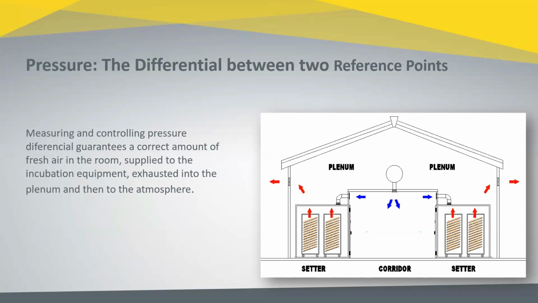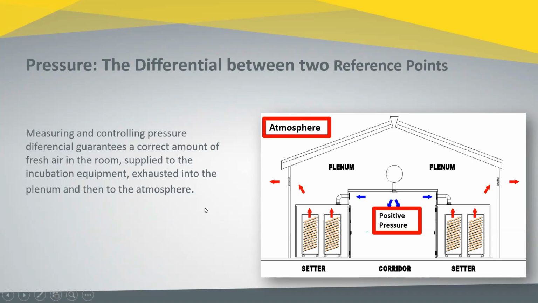So when we talk about measuring the 2 reference points, we recognize that we want our room to be positive, and we have our atmosphere. In order to control our room positive, we reference to the atmosphere, and therefore those are our 2 reference points for being able to control the room to a positive pressure.